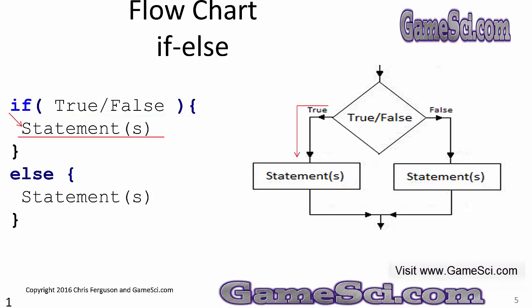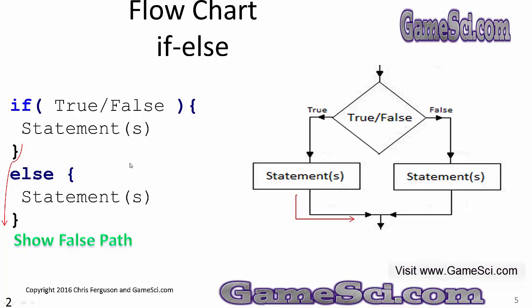When this if statement is true, I will execute the first block of code, the block of code within this set of curly braces, right there. That code says take this path out of my diamond and execute statement block number 1. When it's done executing the statement block in the if portion of the statement, it's going to skip the else portion and continue on with the program.